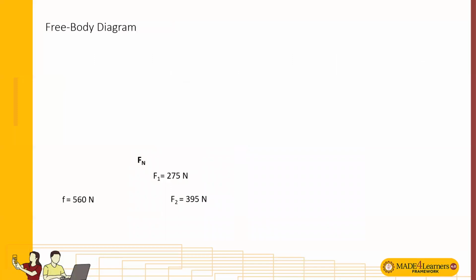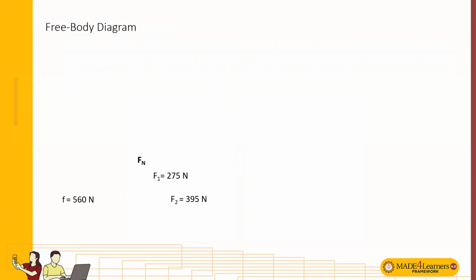So when we solve problems involving forces, we construct what we call a free body diagram. Just don't mind the values here first. For a free body diagram, we just use lines and points.